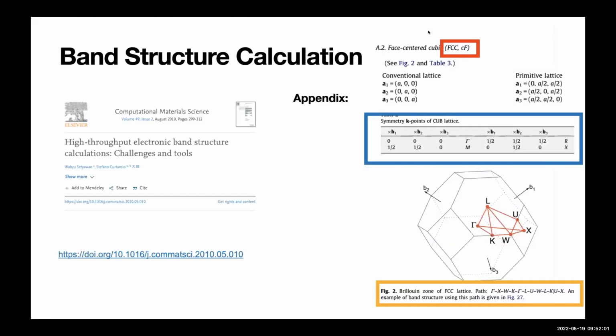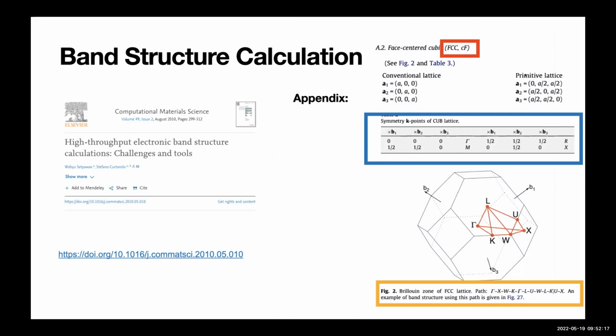So then back to this information page, we will specifically look in the appendix of this literature for this specific Pearson symbol, so CF. So I know this corresponds to a face-centered cubic.